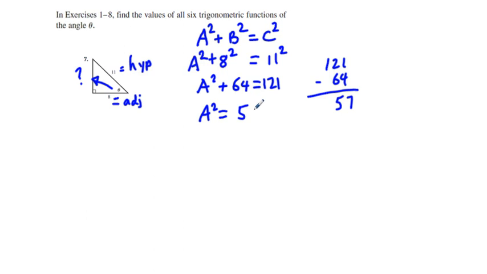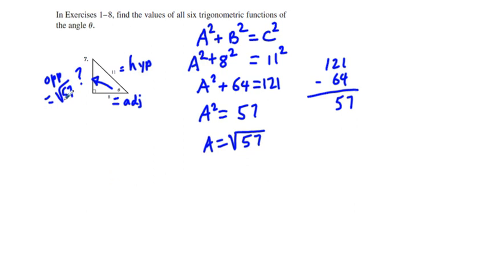So 57. So we'd say the square root of both sides, A is going to be equal to the square root of 57. So let's go ahead and label this opposite side square root of 57. Here we go.